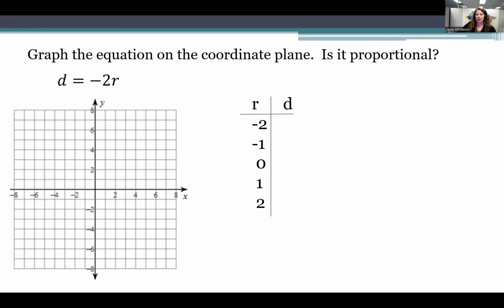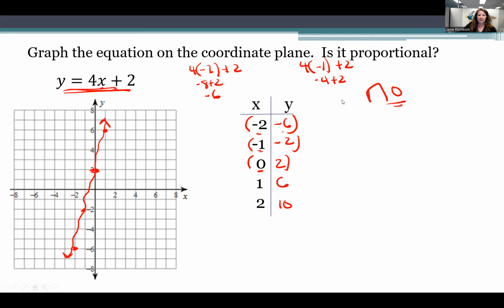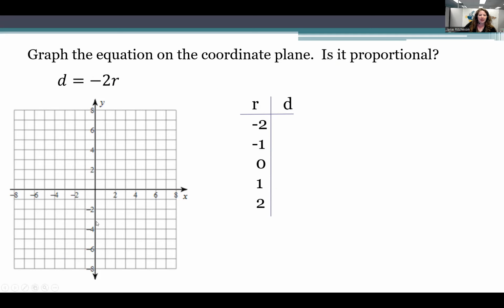All right, you guys pause and work on this one for a second and determine whether it is a proportional relationship. All right, what did you figure out? It is proportional, right?